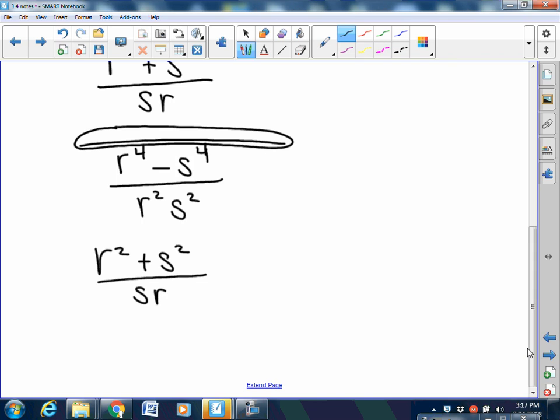I'm just going to change the division sign to multiplication. And what do you have to do with the second fraction if you change this from a division sign to a multiplication? Flip it to the reciprocal, r squared, s squared over r to the fourth minus s to the fourth.